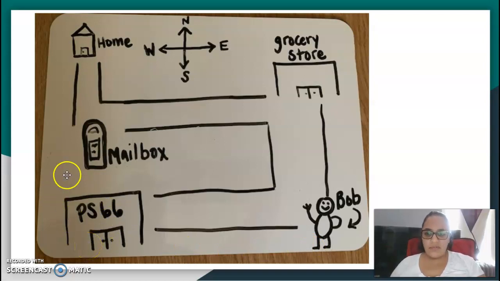So first, we have these checkpoints: home, mailbox, grocery store, Bob, and PS66. Those checkpoints are very important because they'll help us in navigating our directions to get where we want to go. So first off, can we think of a cardinal direction we would use to get from home to our mailbox? Which cardinal direction would you think you would use?